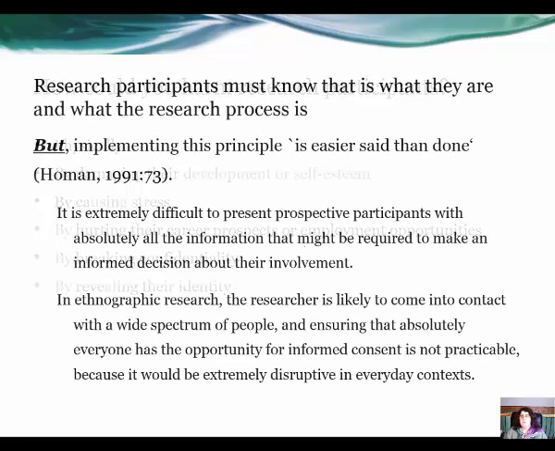Research participants must know that they are participants in a piece of research, and they also understand the research process. But as Homan indicates, this is easier said than done because, let's say, for example, you were observing participants in a shopping centre. It's going to be impossible to inform everybody that they are research participants.